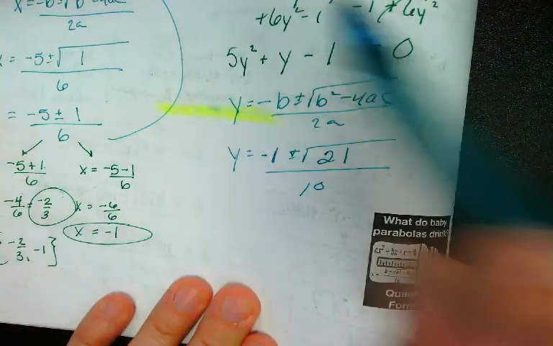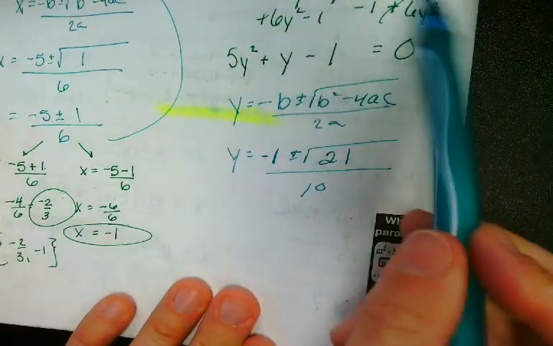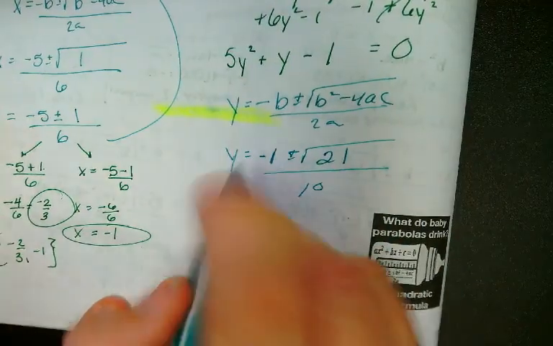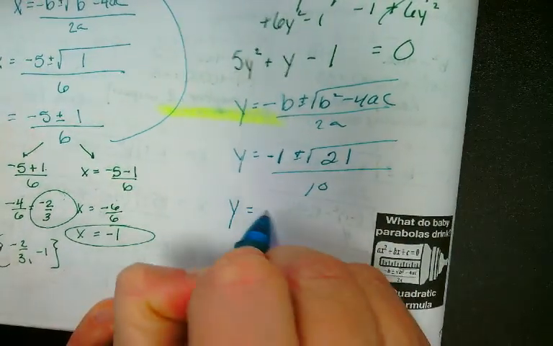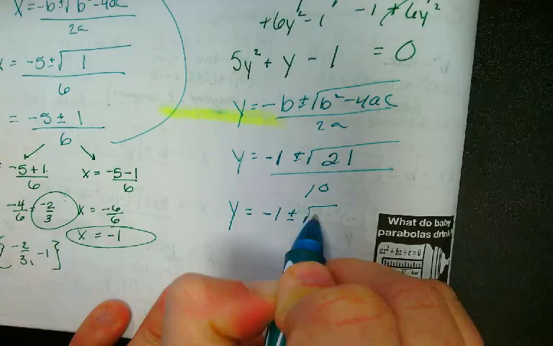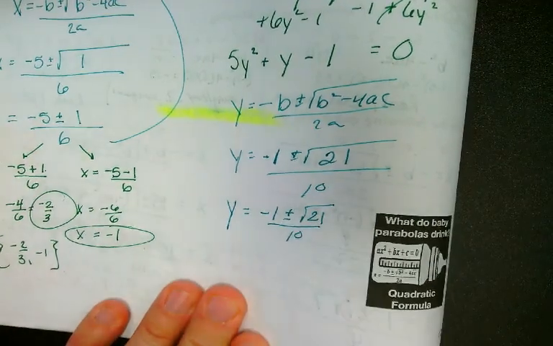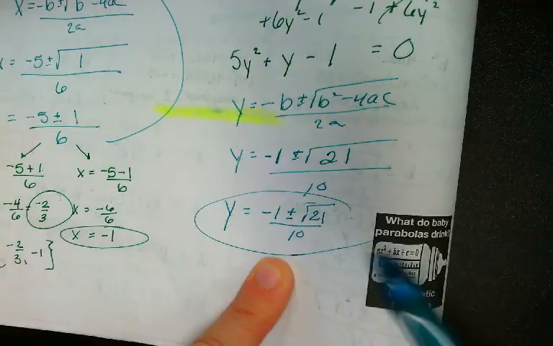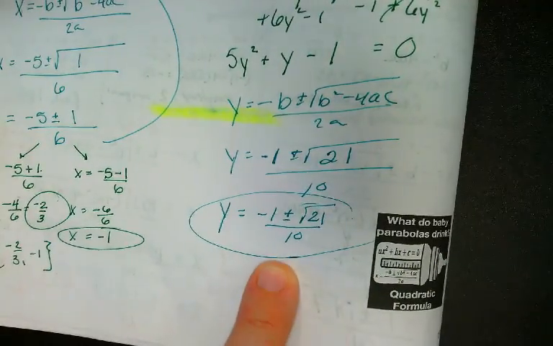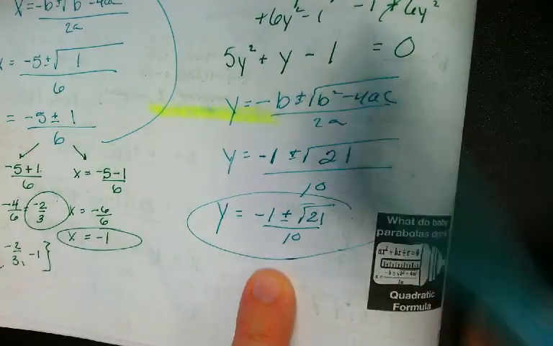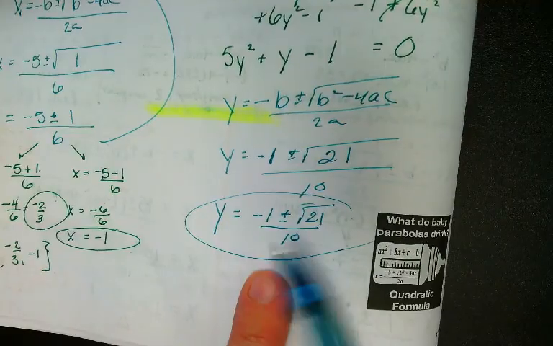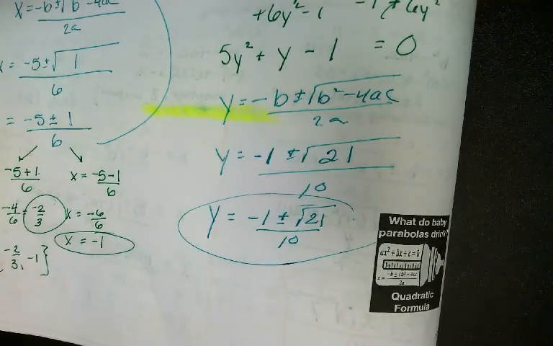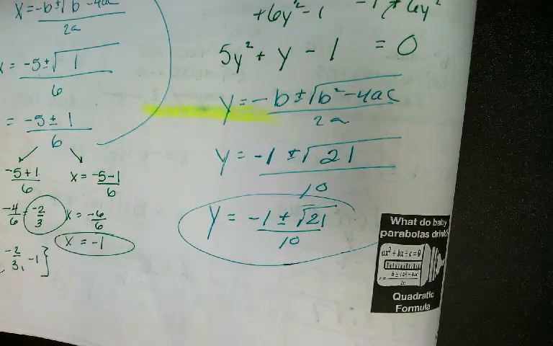So this answer, and the only other thing I just noticed walking around, notice there's no x's in this equation, so technically it needs to say y equals. I'm getting negative 1 plus or minus root 21 all over 10. Again, 21 just doesn't simplify. That happened in Algebra 1. It's always going to simplify in Algebra 2. Okay, you're going to have to break it down. This just must be one I stole from the Algebra 1 exam. So again, anticipate, break down the radical, then divide out any terms.